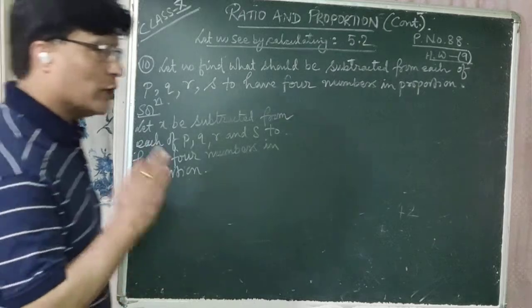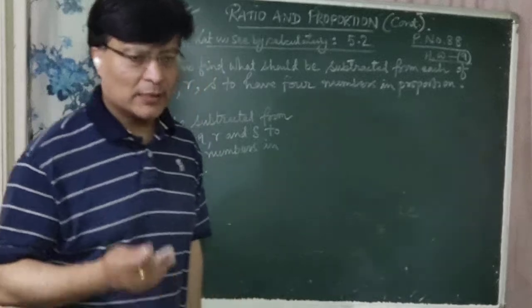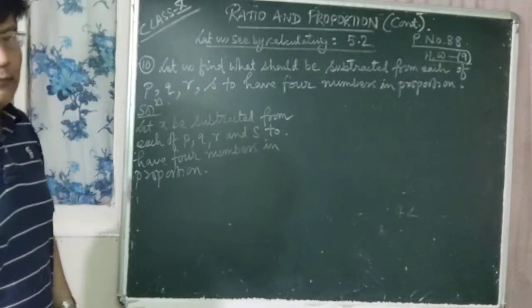Okay, so if you subtract x from P, Q, R and S, the four numbers will be in proportion.